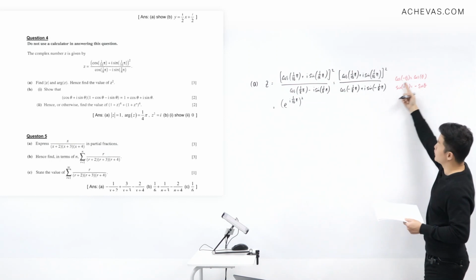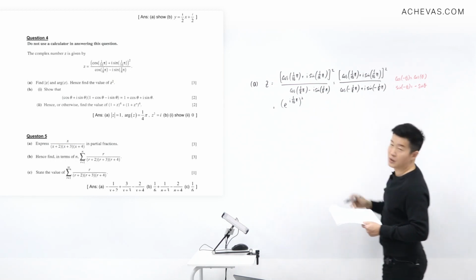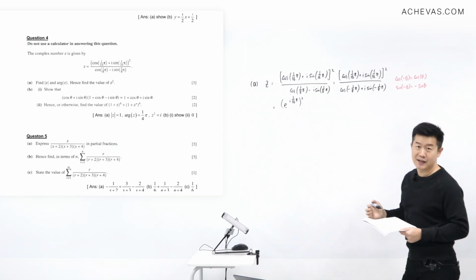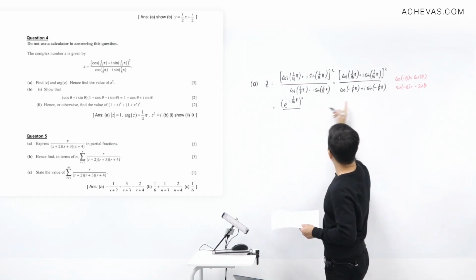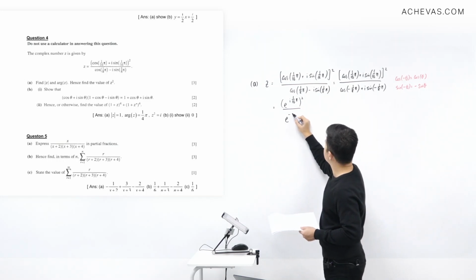We are making use of this because, according to what we have here, it is the same as minus sine 1 over 8 pi. So now in the denominator, we have the cosine theta plus i sine theta format. This is the trigonometric format, which allows us to rewrite the denominator into e to the power of minus i 1 over 8 pi.